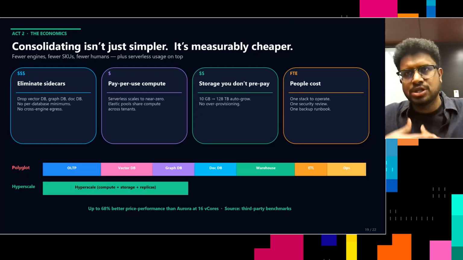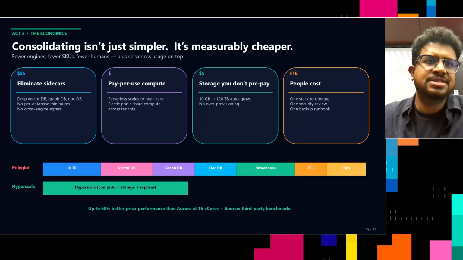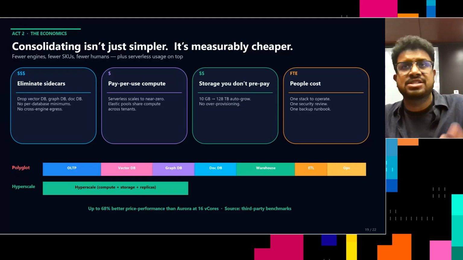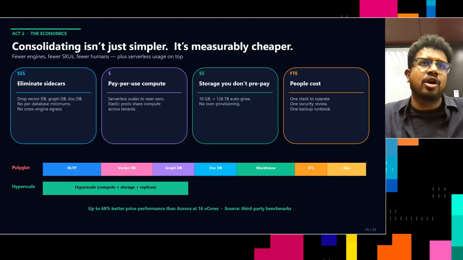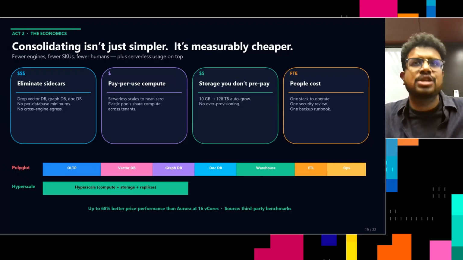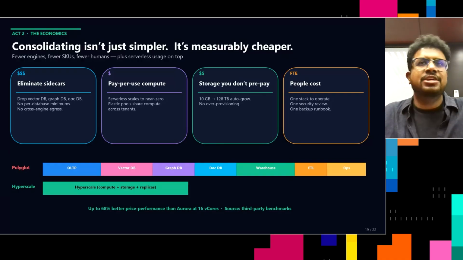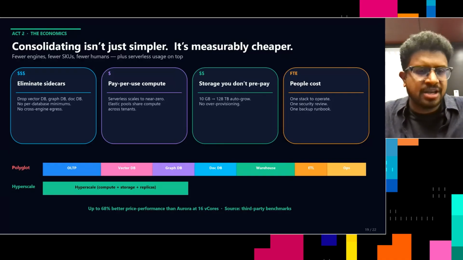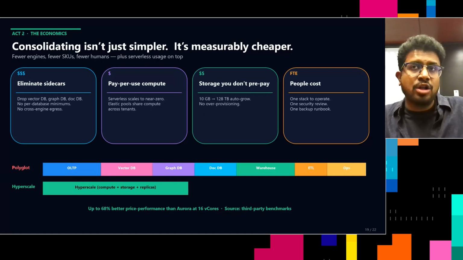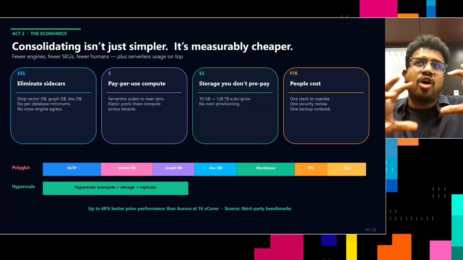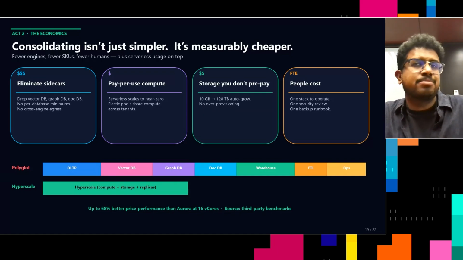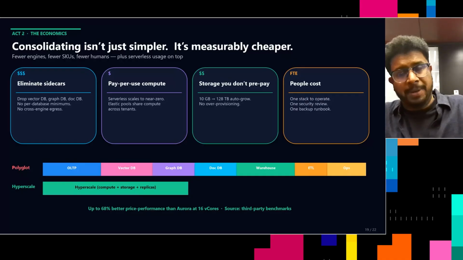Whenever your data grows, we grow with it, which means even the people cost is less, because you need not think of having 5 different personas doing 5 different things with 5 different expertise. You can have one SQL expertise, and that's pretty much it. Imagine we are giving you all of this with 68% better performance than our competition.